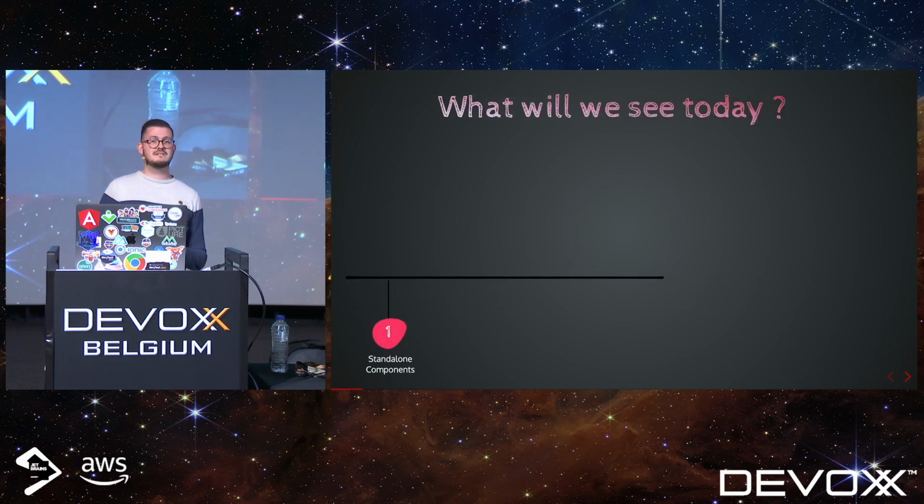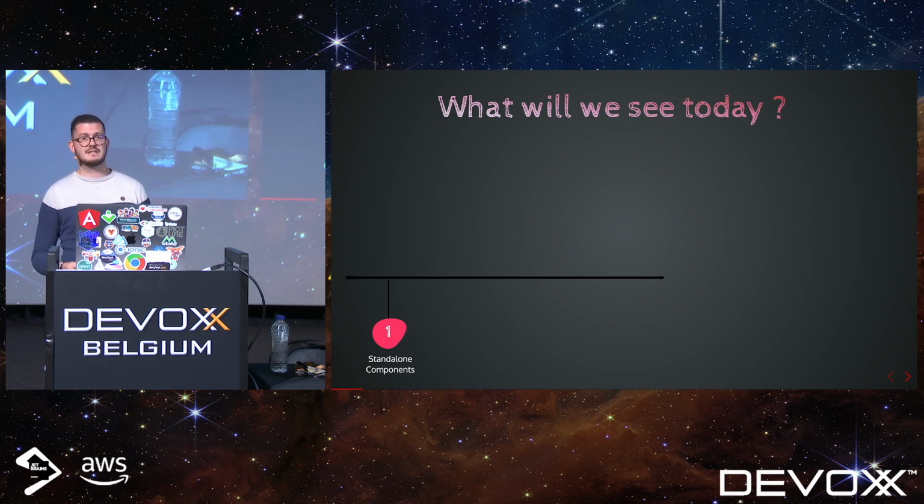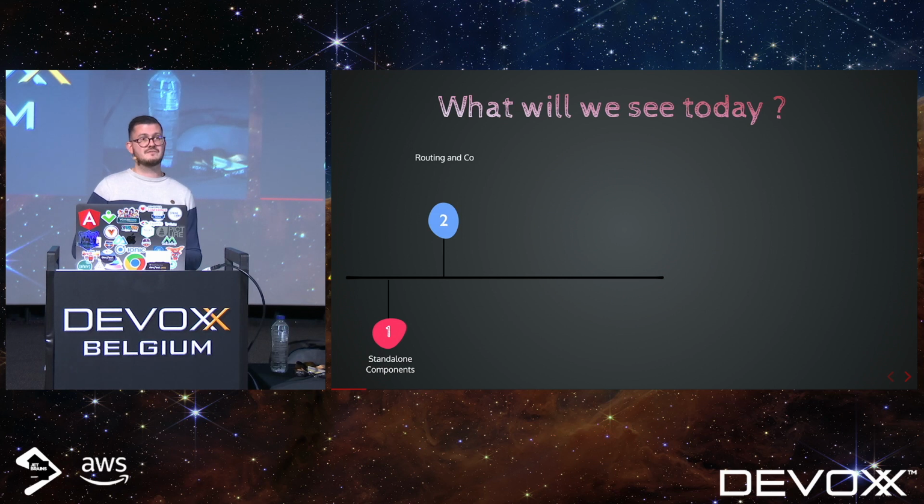So what will we see today? As I said, I am going to show you the features that Angular 14 brings. And as you can imagine, I am going to show you one of the biggest features of this version, standalone components. The fact of having introduced standalone components has significantly impacted the routing, and that's why I will show you how routing is impacted.